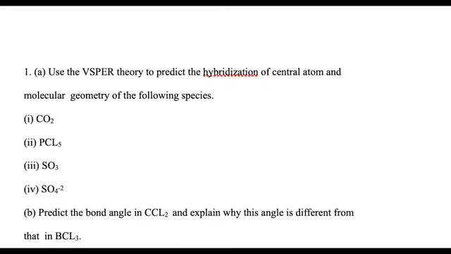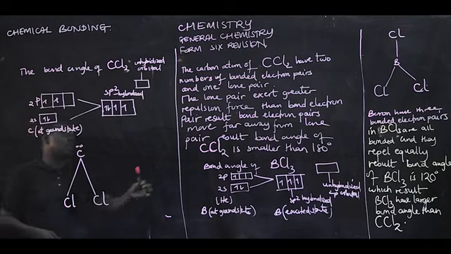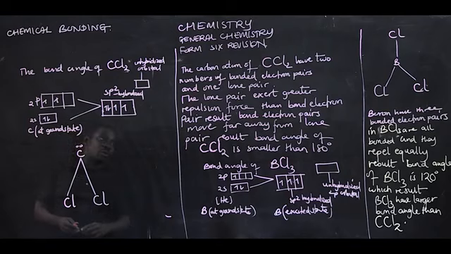Question number 1B asks to predict the bond angle of carbon which combines with 2 chlorine atoms, and to compare the molecule of carbon combined with 2 atoms of chlorine and the boron combined with 3 atoms of chlorine. Which molecule has the larger bond angle?